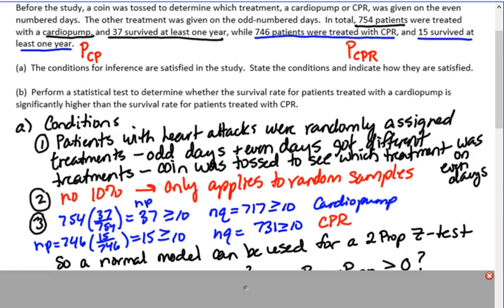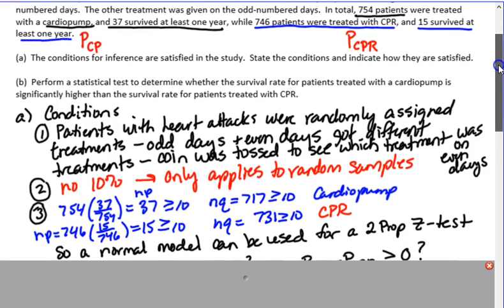If you wanted to do that in hindsight, maybe it would have been better to have called P sub P cardiopump and P sub C CPR. However, we've got another P sub C later on in the problem, you'll see. So we could have also called them 1 and 2, P1 and P2, and just designated that cardiopump was 1 and CPR was 2. So there's lots of different ways to use subscripts. This is what I chose for this problem.